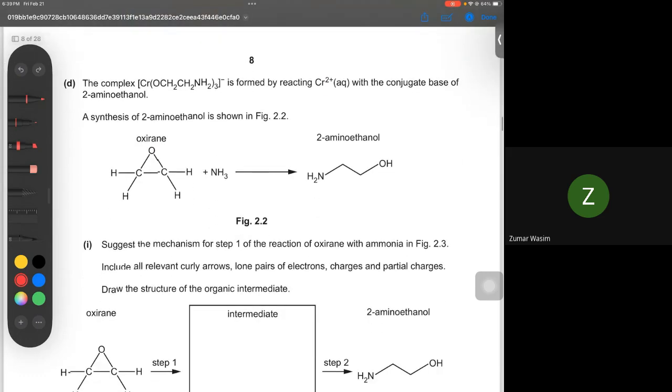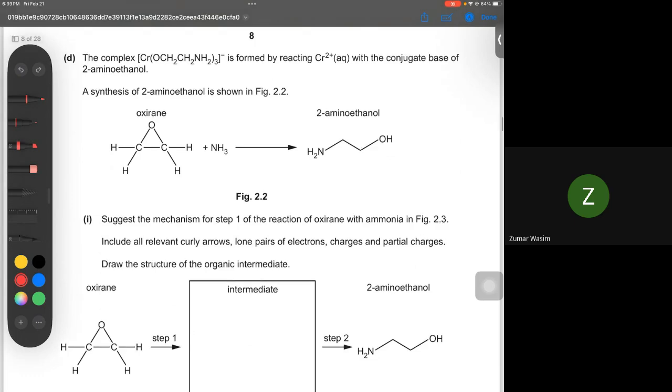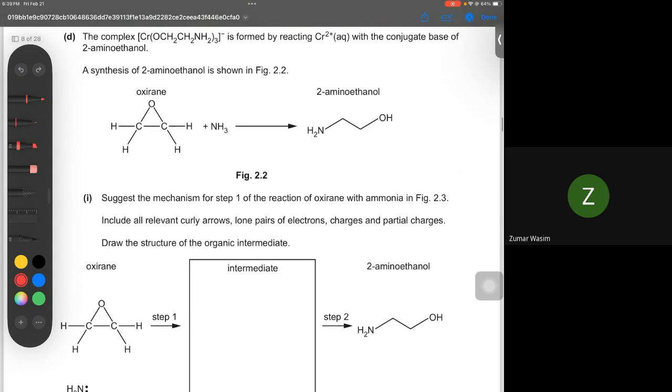And in part D, they are saying the complex is formed by reacting chromium 2 plus with the conjugate base of 2-aminoethanol. A synthesis of 2-aminoethanol is shown in figure 2.2. Suggest the mechanism for step 1, the reaction of oxirane with ammonia in figure 2.3, and include all relevant curly arrows, lone pairs of electrons, charges, and partial charges.